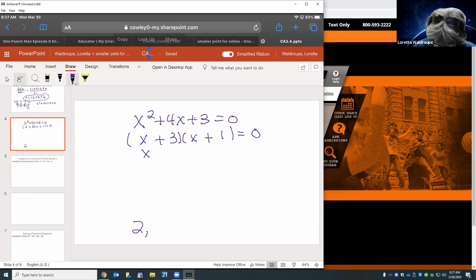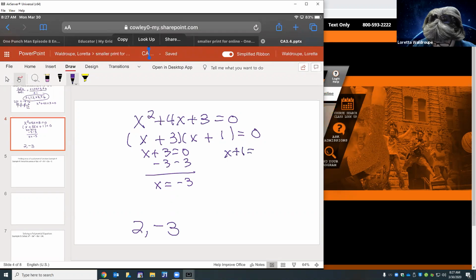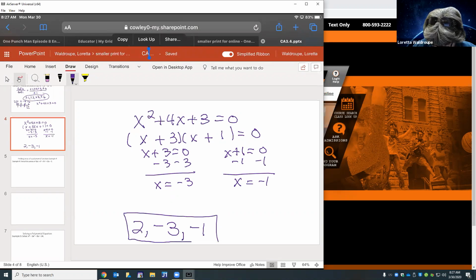So if I set x plus 3 equal to 0 and solve for x, x plus 1 equals 0 and solve for x, and there are your 3 solutions.